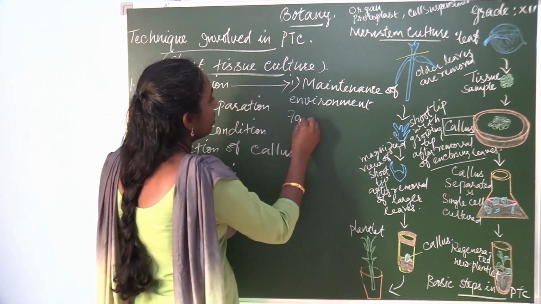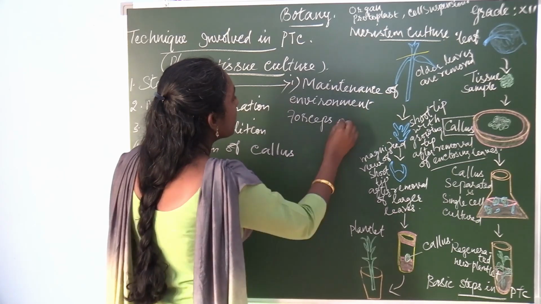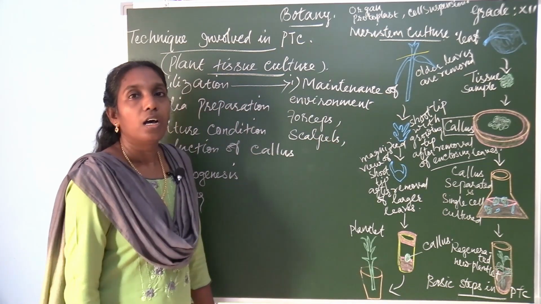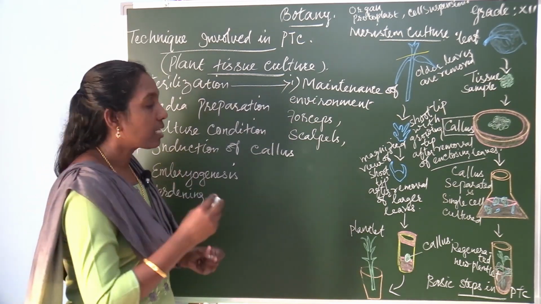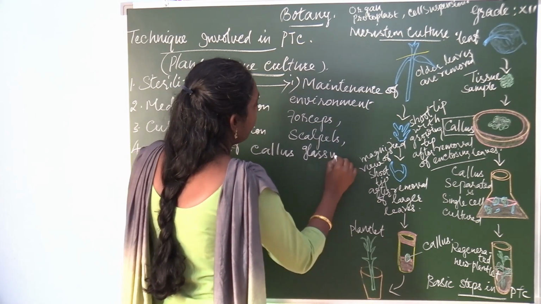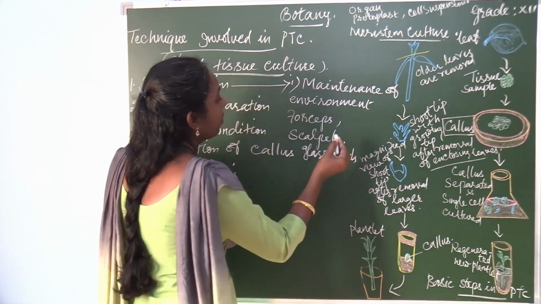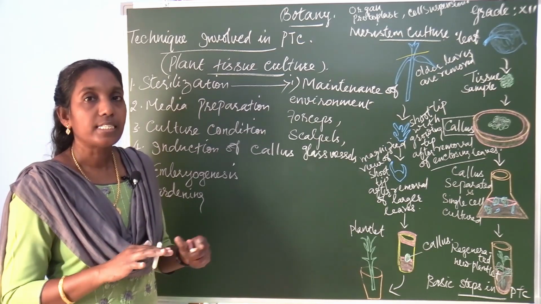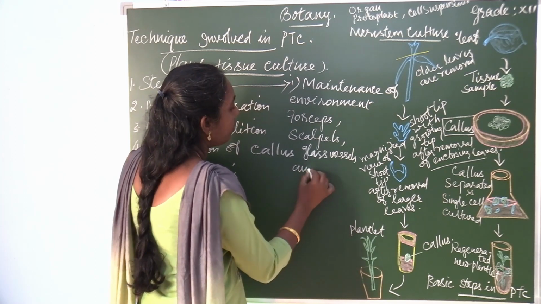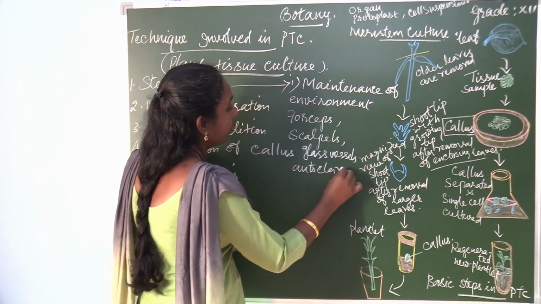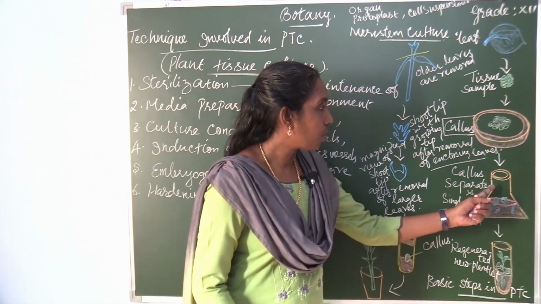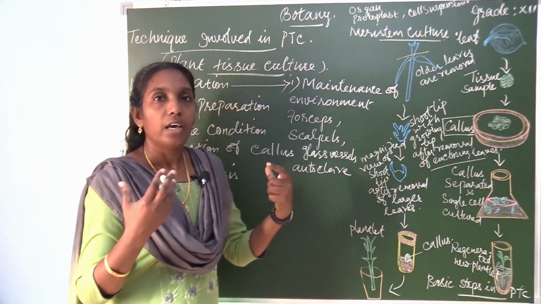Forceps can be used. The forceps, scalpels, and glassware, glass vessels. These all must be sterilized using wet steam, using an autoclave. The glass vessels may be a test tube or conical flask or petri dish, anything.